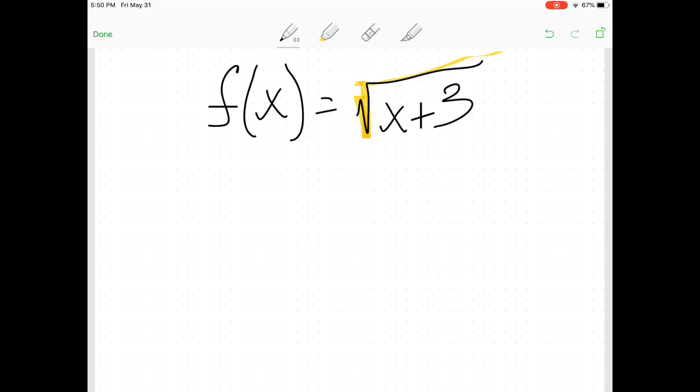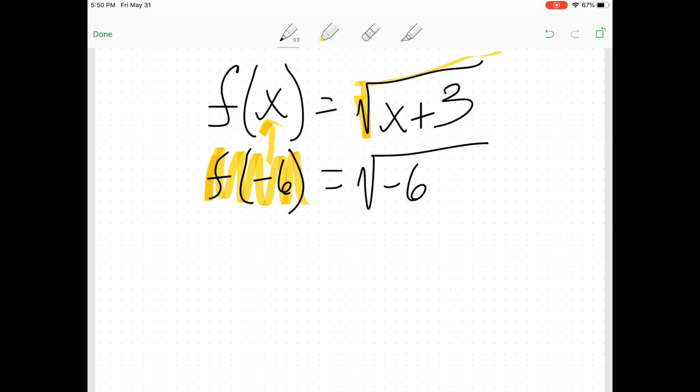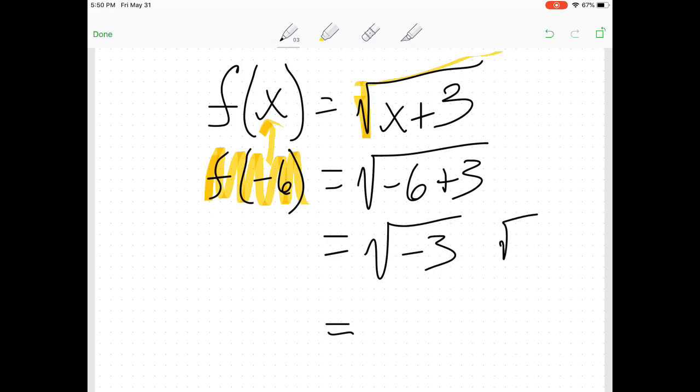So for this example, let's just say I wanted to figure out what's f of negative 6. And again, when you see this notation here, this just means I'm setting my x value equal to negative 6. I'm going to plug negative 6 in wherever I see an x. So that's equal to the square root of negative 6 plus 3. That's equal to the square root of negative 3, which, if we remember back to algebra, square root of negative 1 is equal to i.